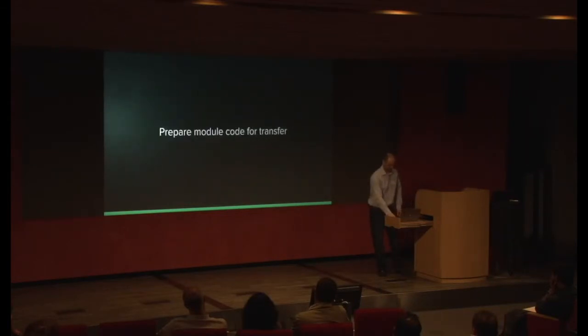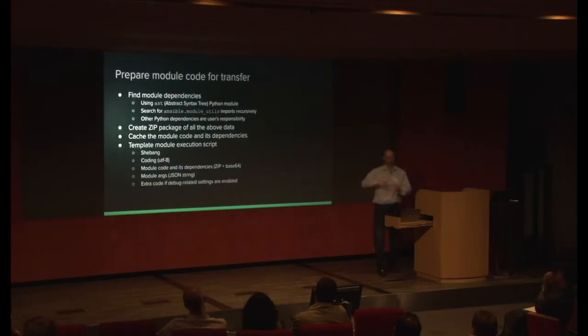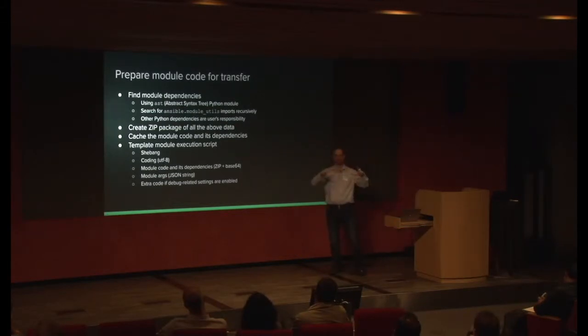The preparation of the module code to be transferable to the remote host goes like this. First, each task is represented by a module, right? For example, template or copy or file, that's a module. For each task, we read the module code and we check the dependencies.